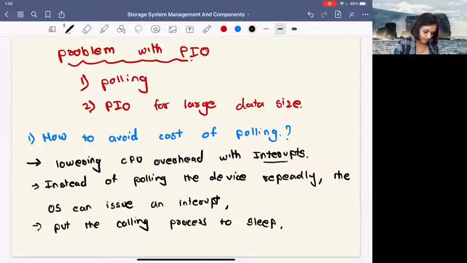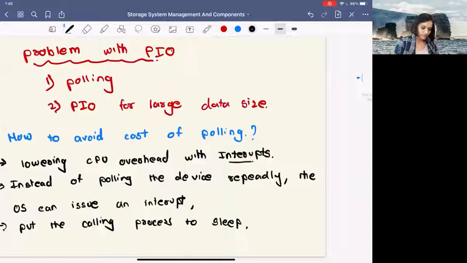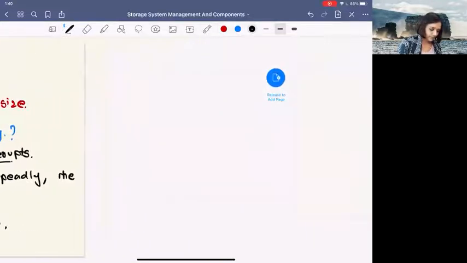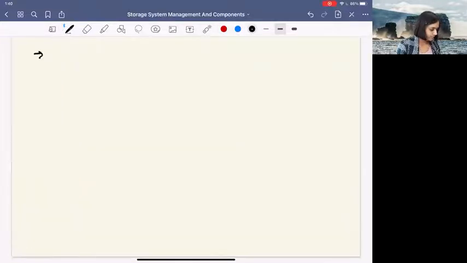And while we have put our calling process to sleep, we could context switch to another task.